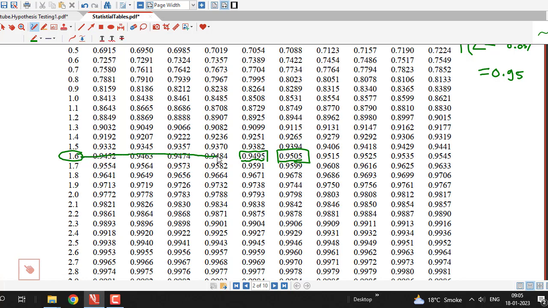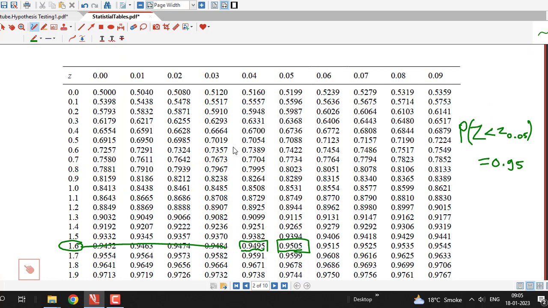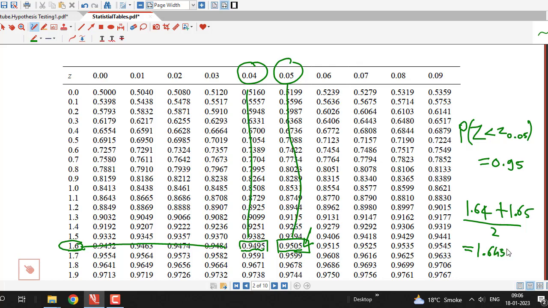Here this corresponds to 1.6, and what about these two? This corresponds to 0.04. So the value of Z corresponding to 0.9495 is 1.6 plus 0.04, that is 1.64. Similarly, this corresponds to 0.05. So the value of Z corresponding to this value is 1.6 plus 0.05, that is 1.65. Divided by 2, this is 1.645, and this we consider as Z suffix 0.05.